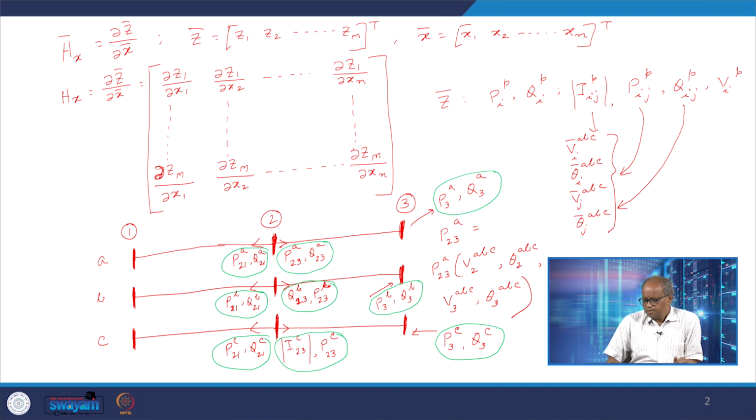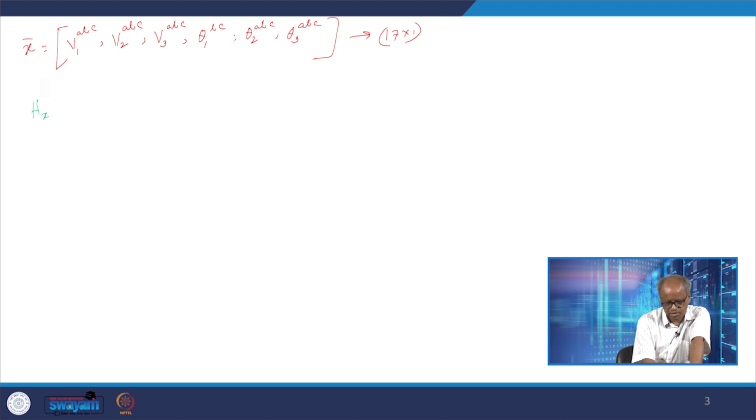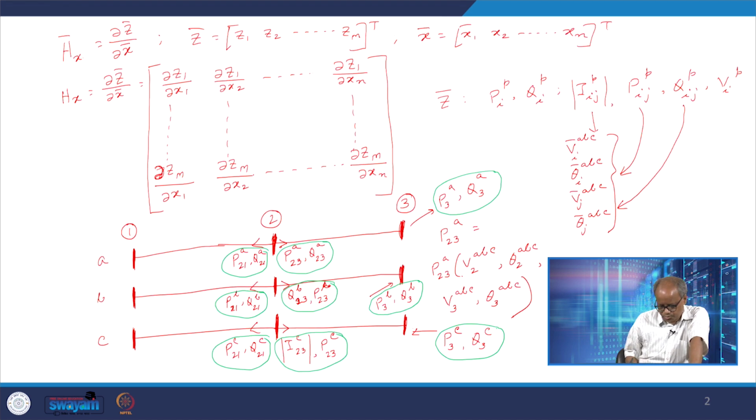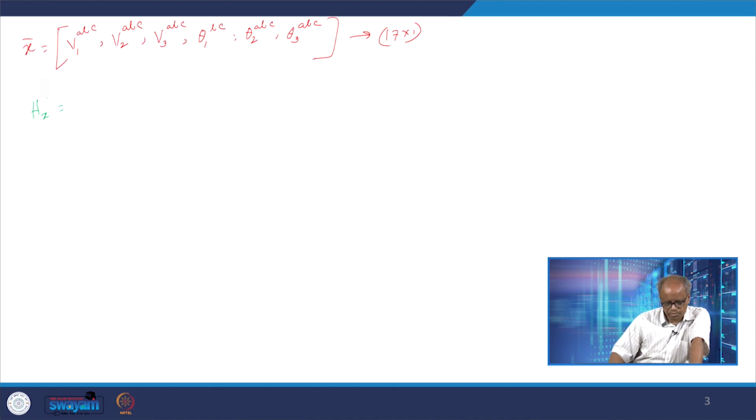So then you see, for example, in this case, what would be my Hx? Suppose my Z1 is P21A, so the first row is del P21A by del V1, then del P21A by del V1A, del V1B, and then dot dot dot del P21A by del theta 3C.